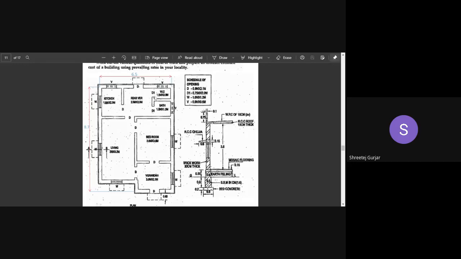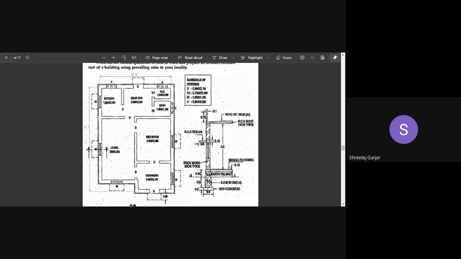So two numbers of D1, and let us count the number of doors D: 1, 2, 3, 4, 5, 6, and 7. Seven doors D. Then coming to window W, let us count how many windows there are: one over here, two, three, then four, five.